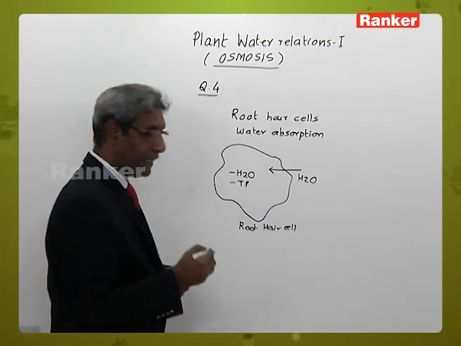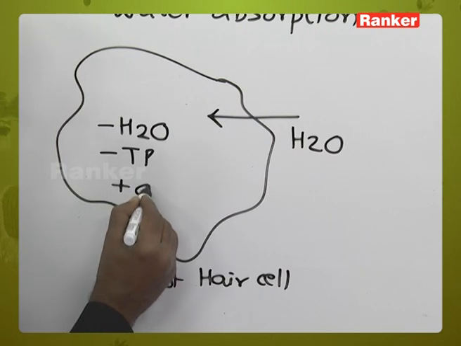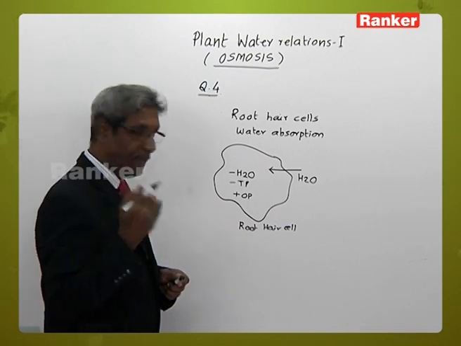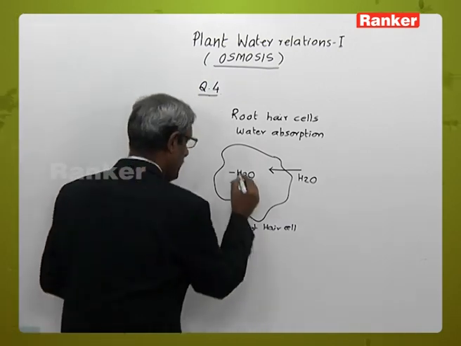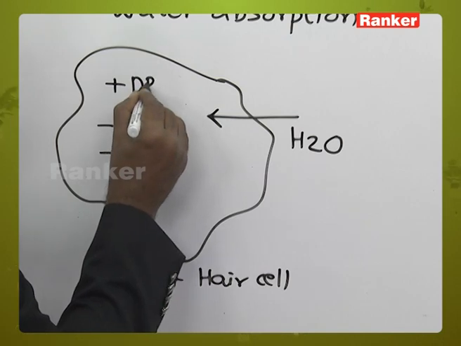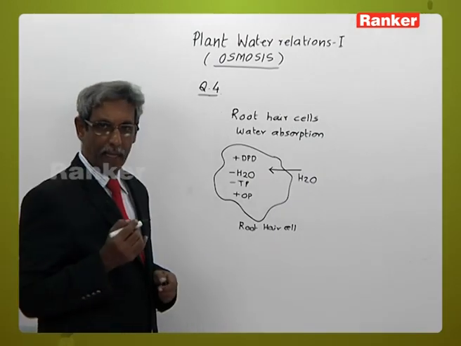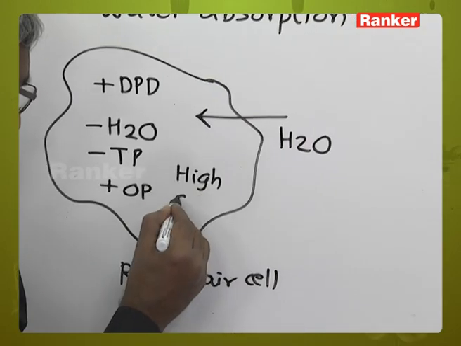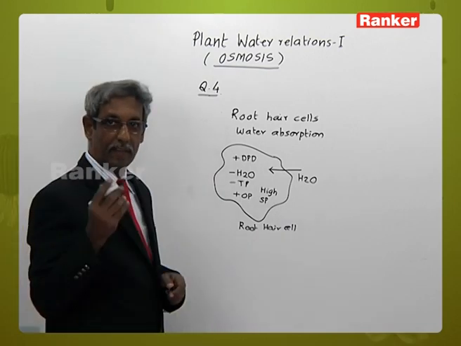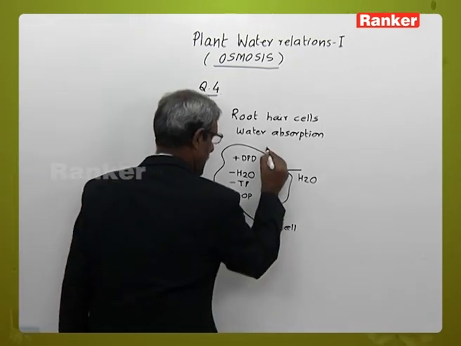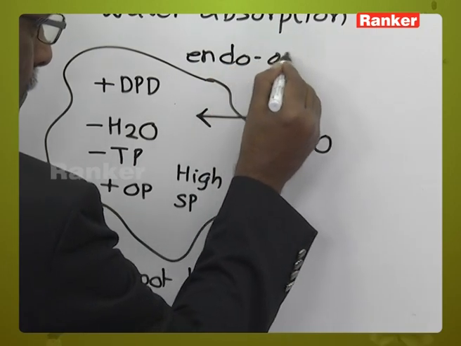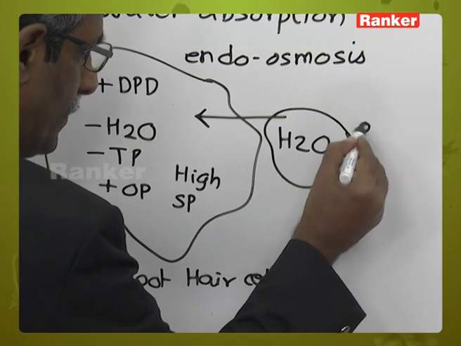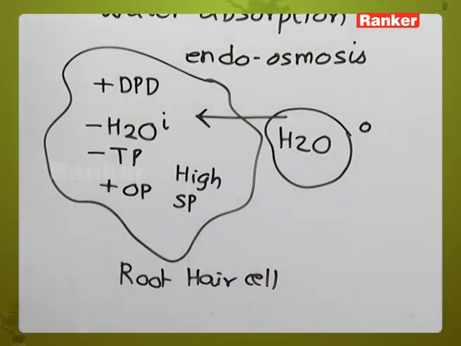Once water enters in, its osmotic pressure increases, indicated by increased diffusion pressure deficit, DPD, and also high suction pressure. Because there is higher suction pressure, it results in endo-osmosis, that is, water from the outside gets into the inside.